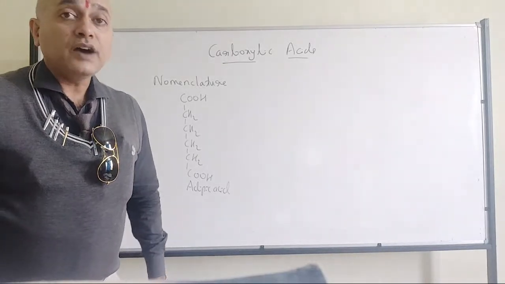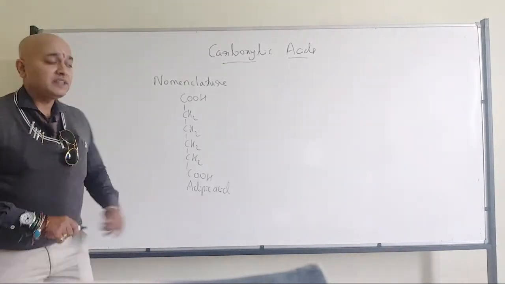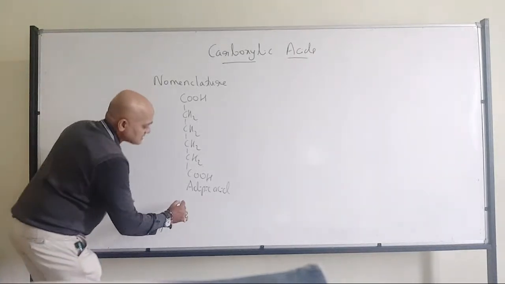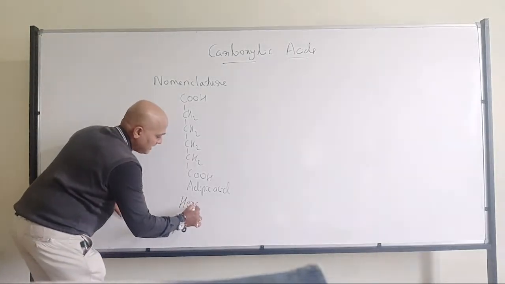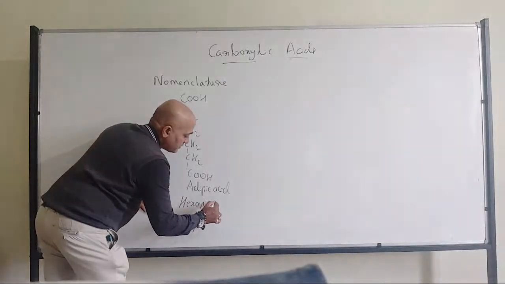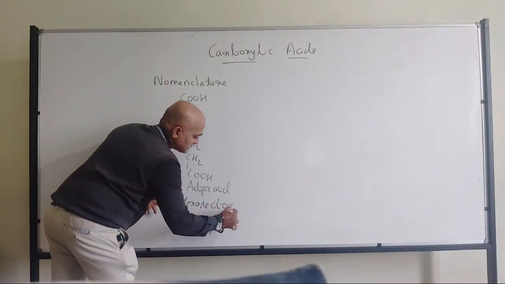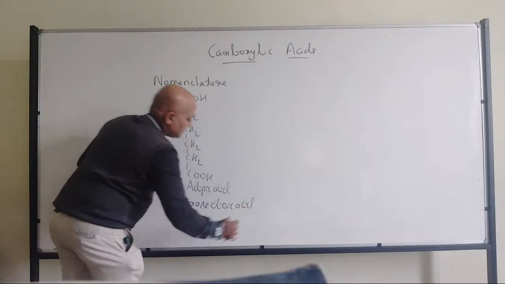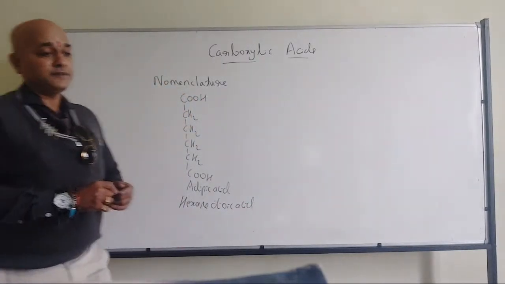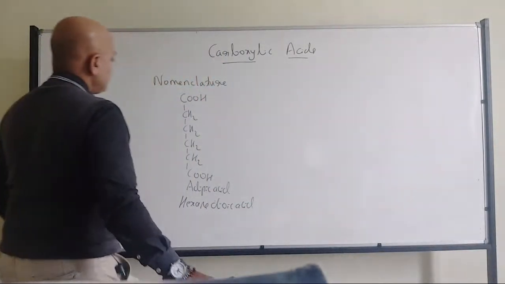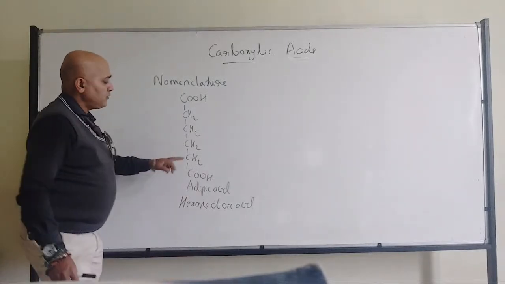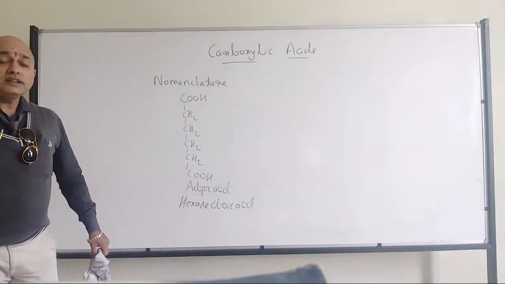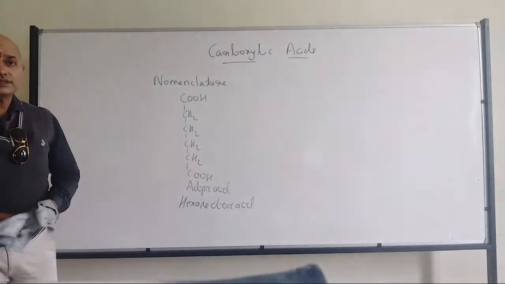Now, what will be the IUPAC name? As we know, it's a 6 carbon containing molecule, hexane dioic acid. Or we can call it butane 1,4 dicarboxylic acid.